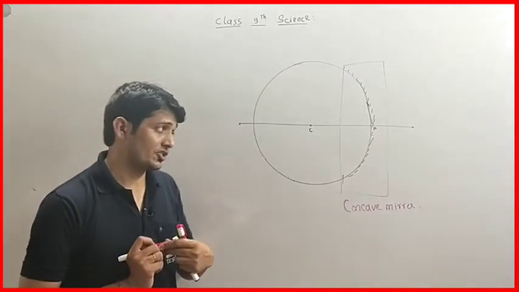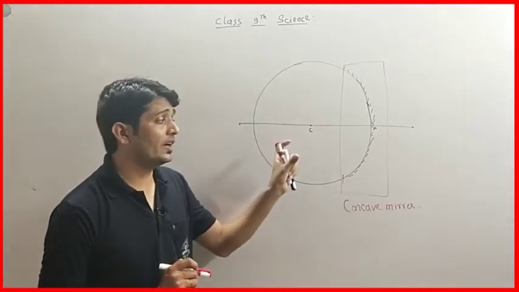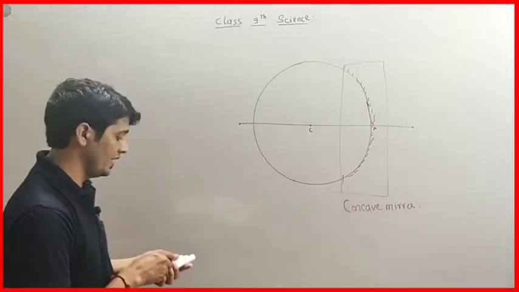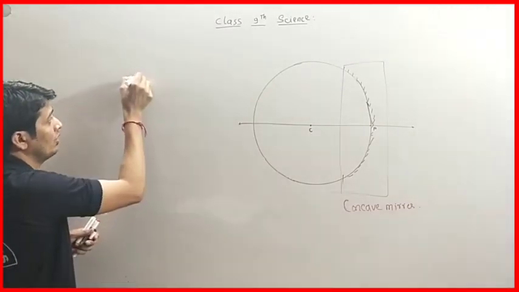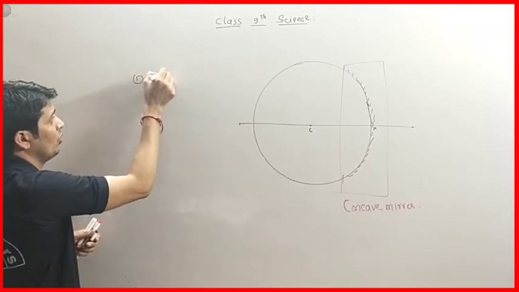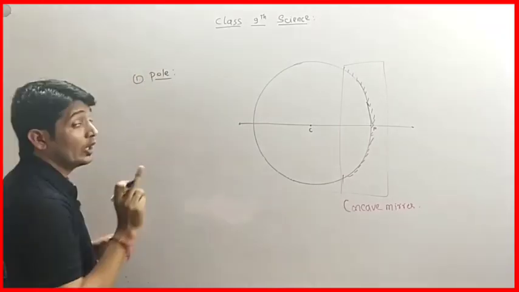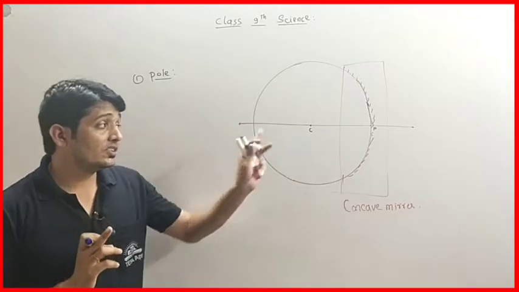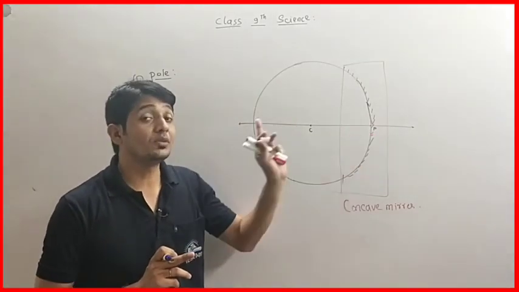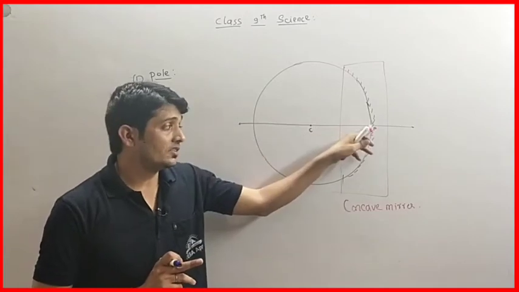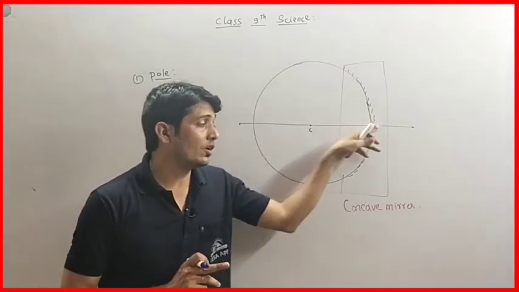Okay, next. The concepts related to the spherical mirror: first we have pole. So what is pole? The center of the mirror. This is the center of the mirror, the line that passes through the center of curvature.